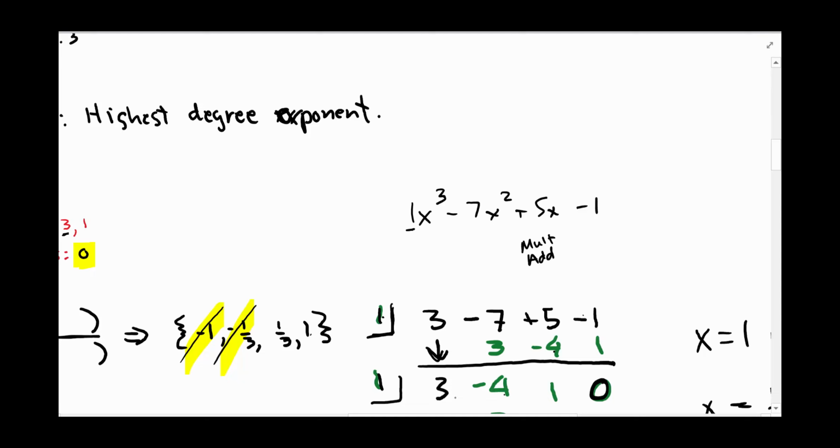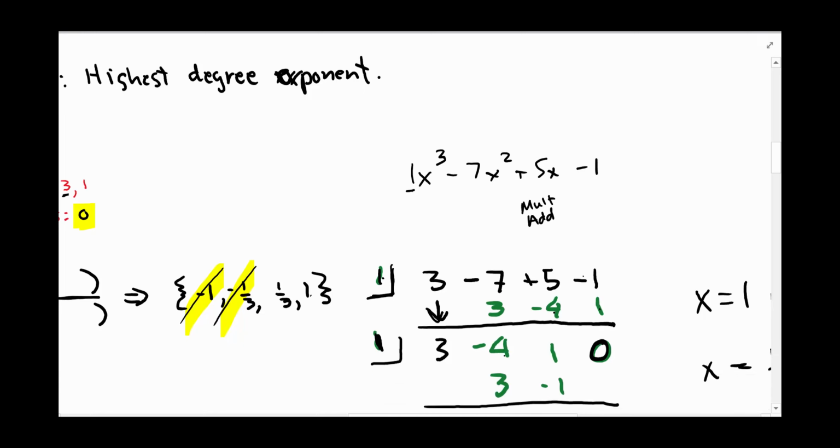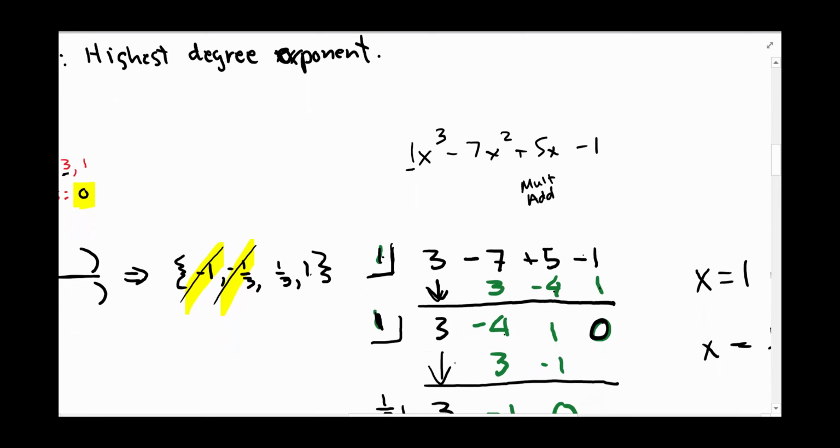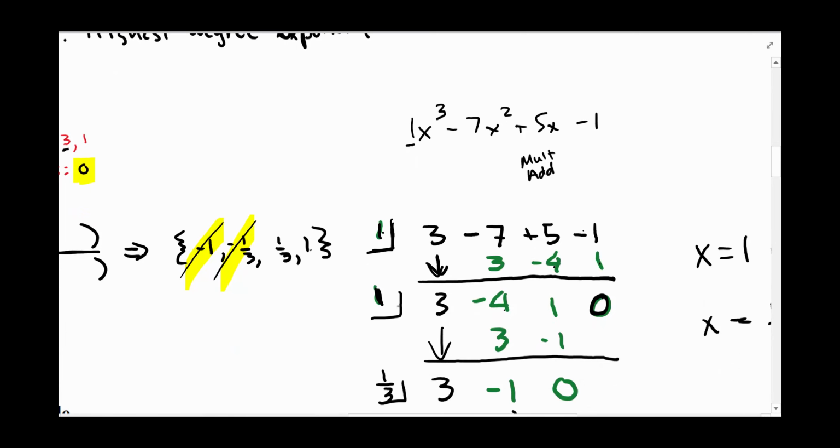We have a 3x squared minus 4x plus 1, and we have 1/3 and 1. I'm going to try 1 again. We bring down this 3. 1 times 3 is 3. -4 plus 3 is -1. 1 times -1 is -1.